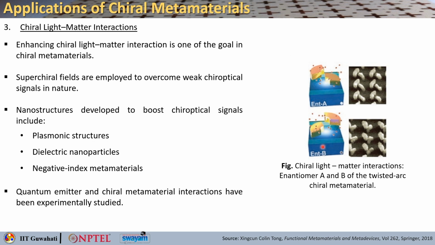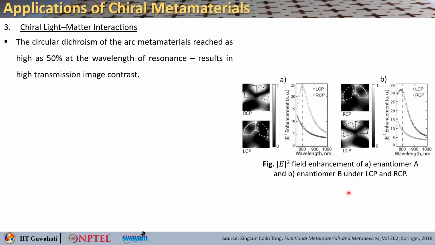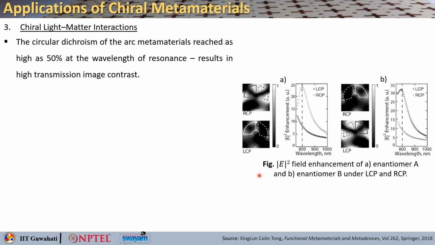So, these are enantiomer A and B of the twisted arc chiral metamaterial, and these are very useful for chiral light matter interaction. We will see how the light matter interaction changes because of this structure.